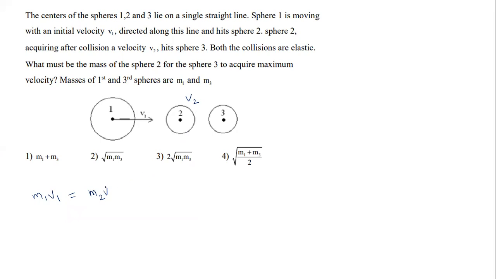Okay. It moves with, let us say, this v1 dash, plus this is moving with m2 v2 after collision. So we know the coefficient of restitution e is equal to, so we require this v2.